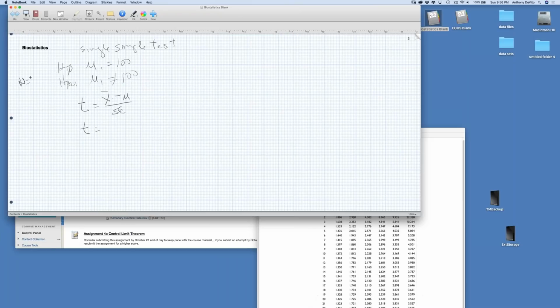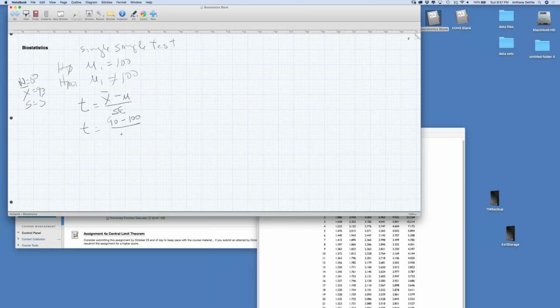Say the sample size is 50, and X bar turns out to be 90, and the standard deviation turns out to be, let's say, 5.